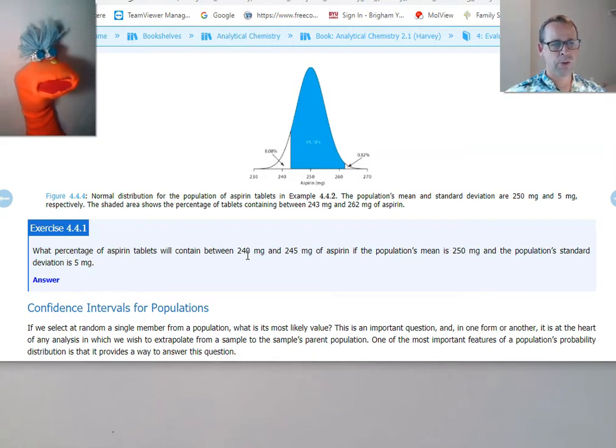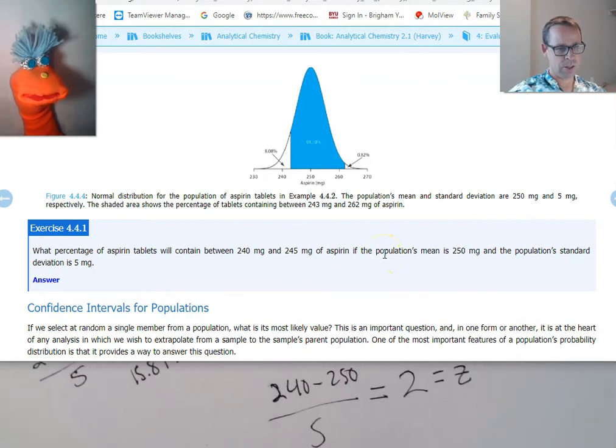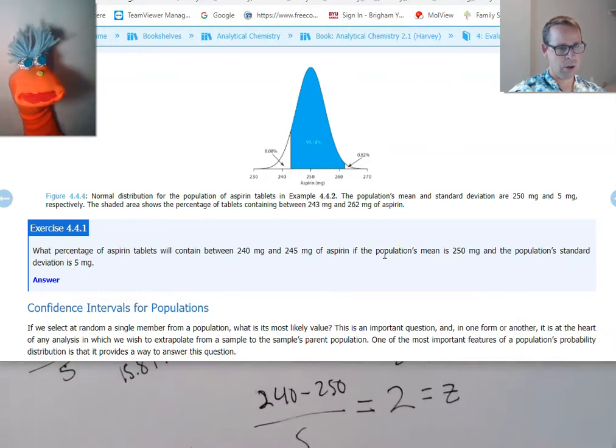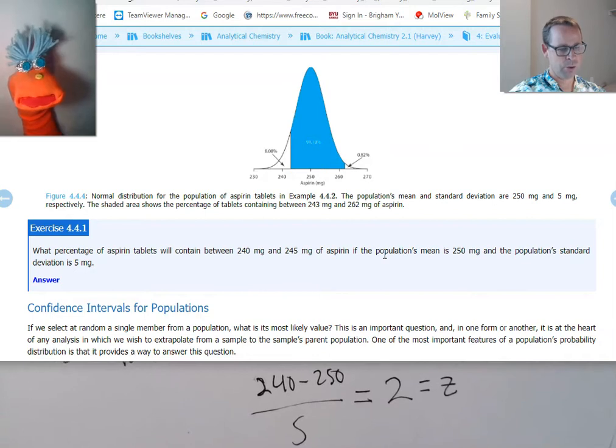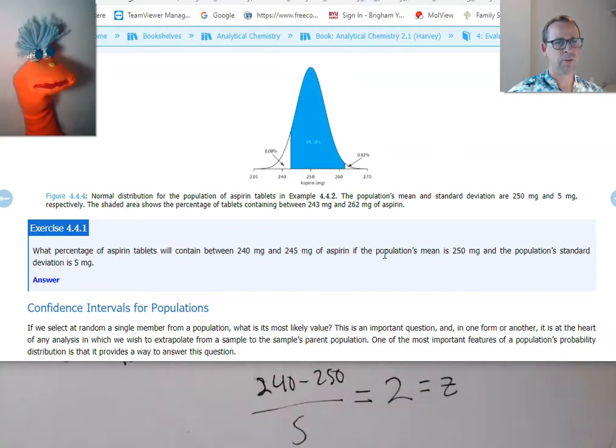So you take the 240 minus the 250. Very good. 240 minus the 250. Yeah, and then divide by the standard deviation, which is 5. Very good. And that value then, what do we do with that? That's your Z value. You go look at that on the table. That's right. Very good.